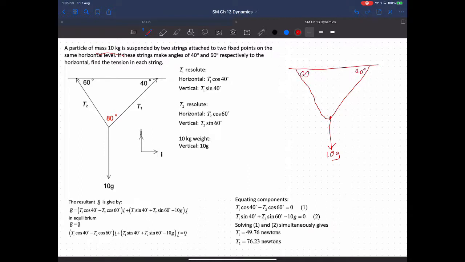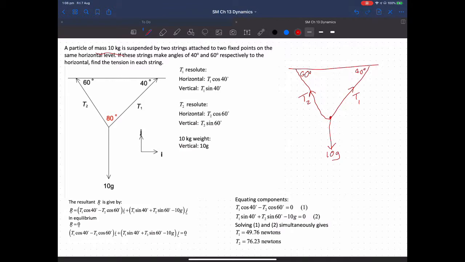There is 60 degrees. Each string will have a tension. Their tensions are not necessarily the same. So I have T1 going up and T2 going up.